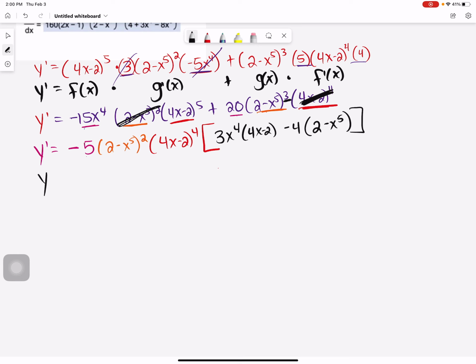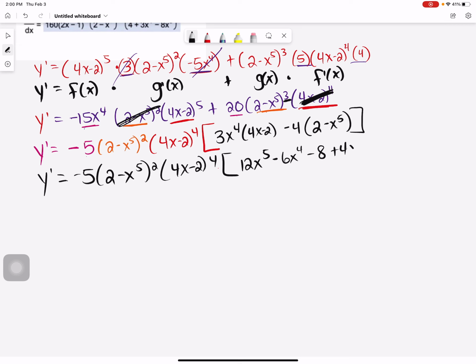All right, so y prime, my derivative, I'm going to leave that outside piece the same. And on the inside, that's going to leave me with 12x to the 5th minus 6x to the 4th minus 8 plus 4x to the 5th.